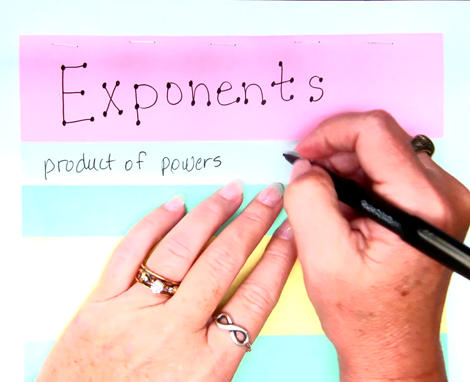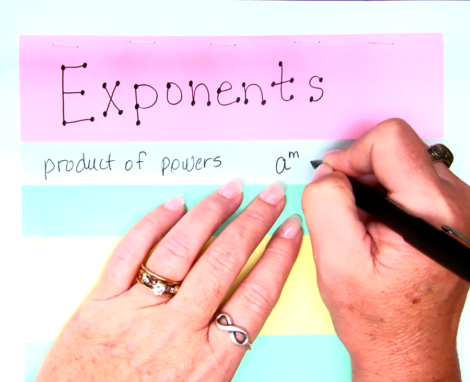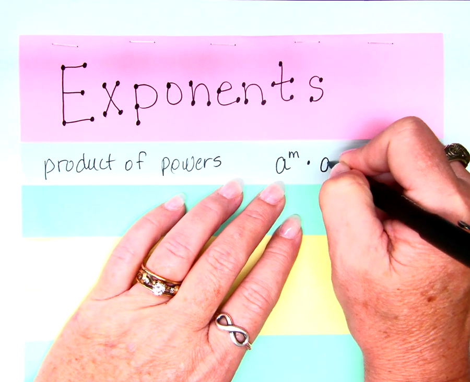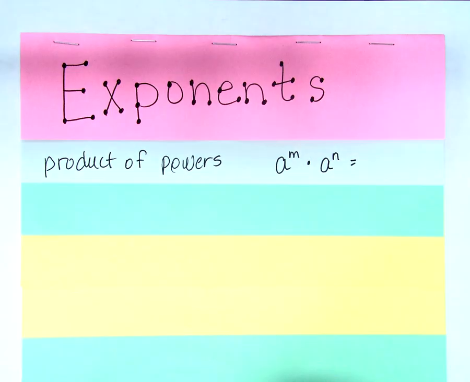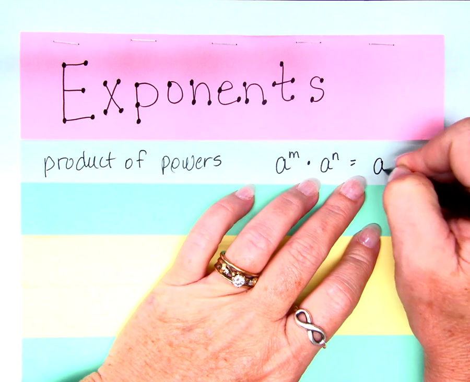The rule for product of powers is a to the m power times a to the n power. What do we do with the exponents when we're multiplying like bases? What do I do with the exponents? You combine them. How?